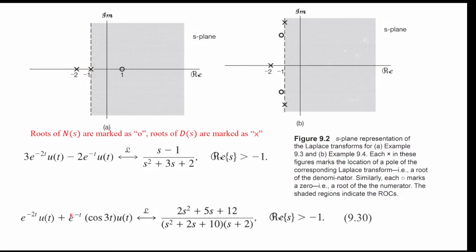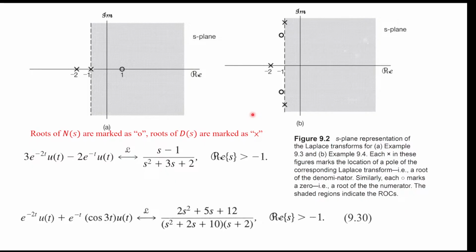And example 9.4 has the algebraic expression here, and the ROC is Re(s) greater than -1, marked as a shaded region here, and it has two zeros marked here. We don't have the exact values of the zeros, but they are here. And it has three poles at -2, and -1 plus 3j, and -1 minus 3j.